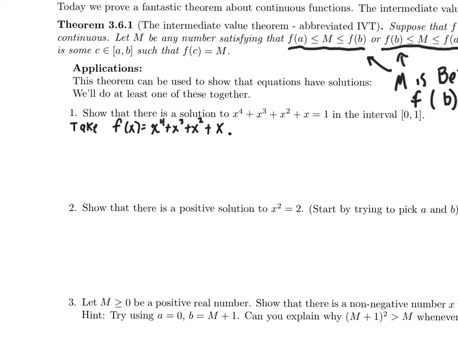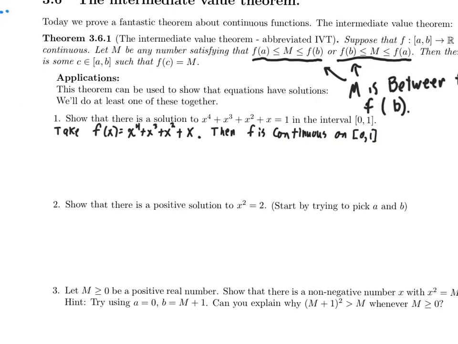So let's see, is this function continuous on [0,1]? Yeah, it's continuous everywhere. It was a homework problem, in fact, that you guys did to check that every polynomial is continuous. f is continuous on [0,1]. And notice that's one of the hypotheses in the intermediate value theorem. You need a function that is continuous on a closed bounded interval.